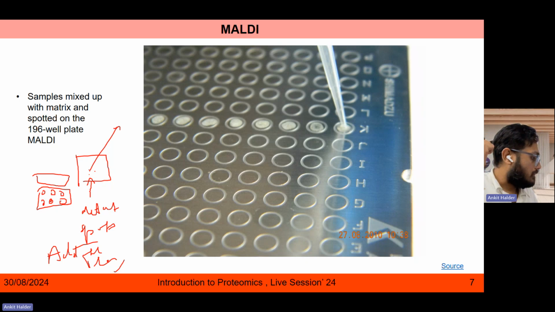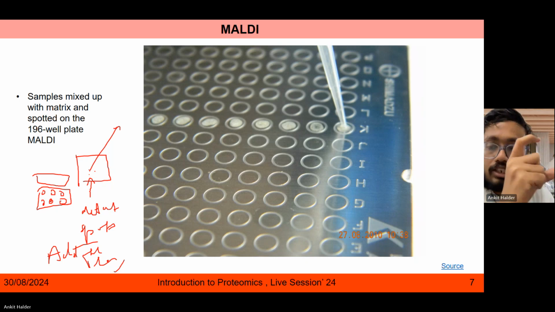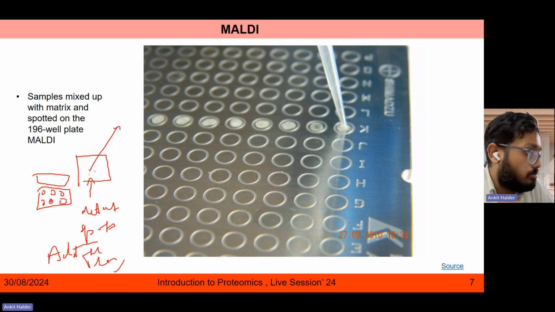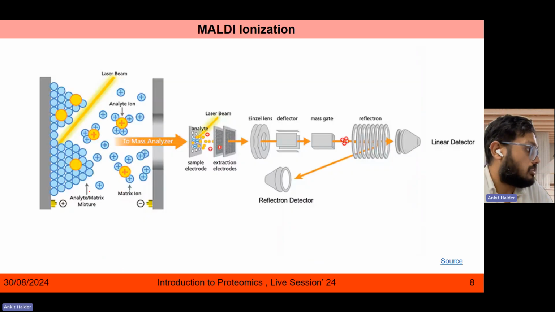So what we will be getting is the protonated ions, that is M plus H plus ions, and we can identify the peptide mass fingerprint. And if we use it in a tandem configuration, then we can get the sequence of the peptide.